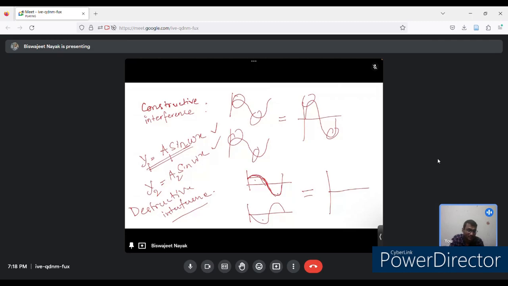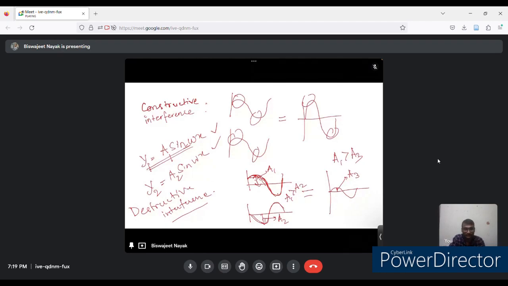If not, let's say this is a1 and this is a2, and a1 is greater than a2, then we will get a wave a3 which will be less than a1 for sure. But we don't know whether a3 will be less than a2 or not. It depends. So these two are constructive and destructive interference.